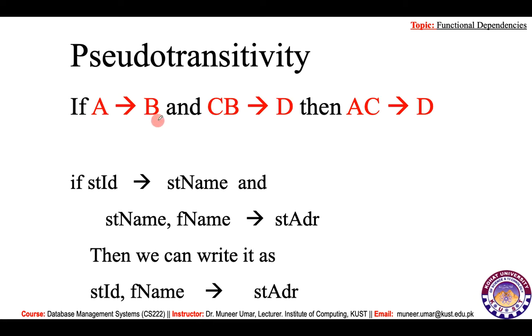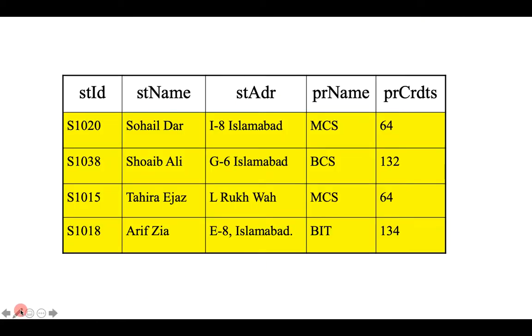Then we have pseudo transitivity. If A determines B and CB determines D, then AC will also determine D. Here we assume that if we have student ID, then we can get the name of that student, and if we know the name of that student and address of that student, then we can get the program name of that student.